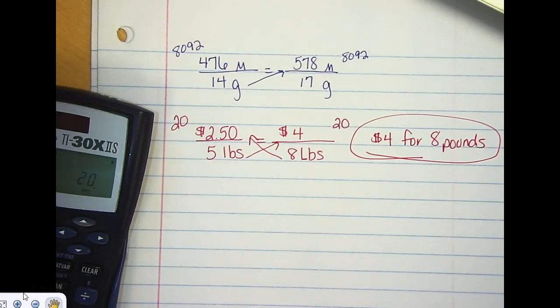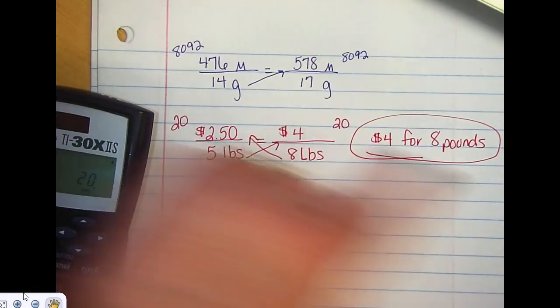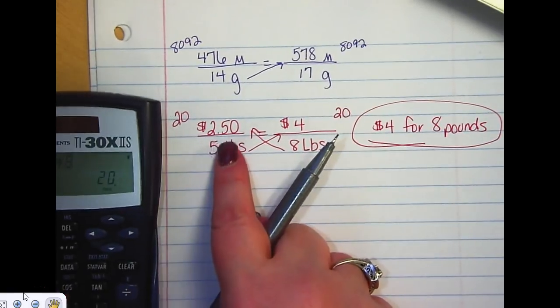Yes. Are you finding the unit rate and then multiplying? Okay, so it's kind of the same thing that we're doing. You just are setting them up different. Another way you could do it is you could find the unit rate like the directions told us.